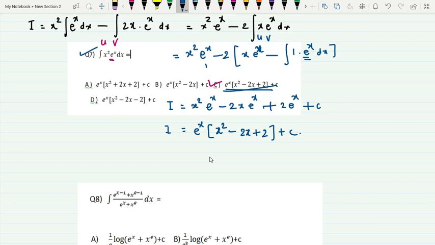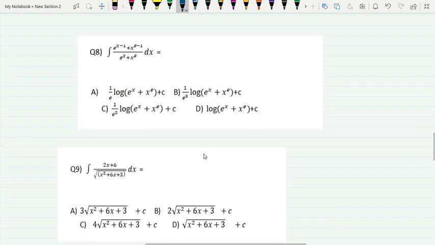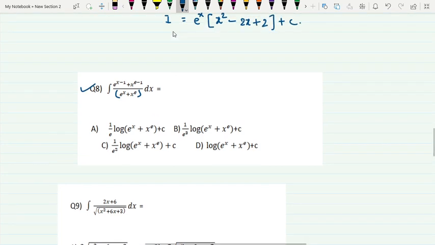Next question is again on integration. Here, if we substitute this equal to t, then what will we get? We will put t equal to e raised to power x plus x raised to power e.